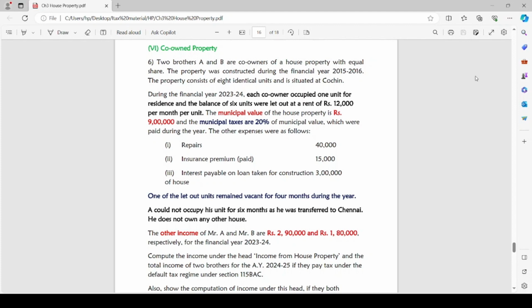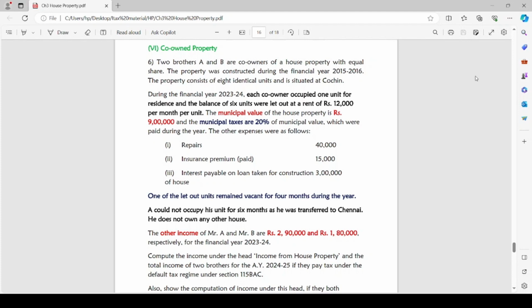Here there are a total of 8 units. Out of such 8 identical units, 2 of them are self-occupied by the owners, each one of them. A has occupied unit 1, B has occupied unit 2, and the other 6 units were let out for a rent of rupees 12,000 per month per unit.